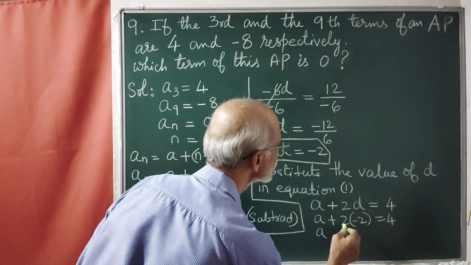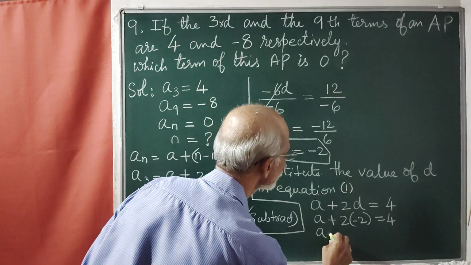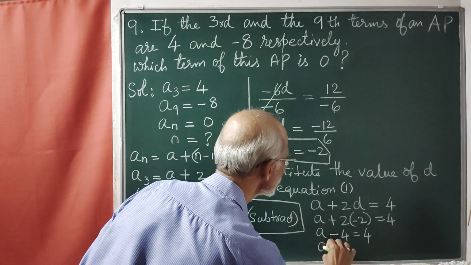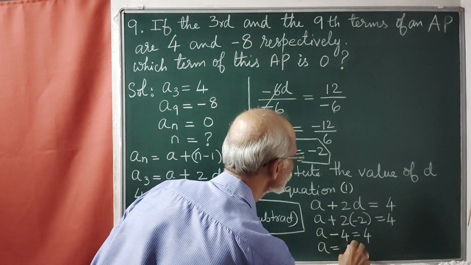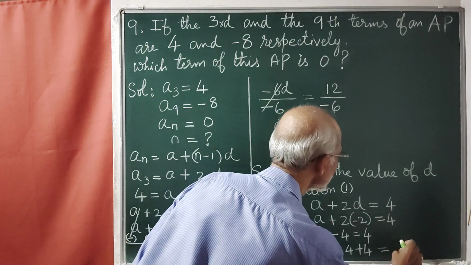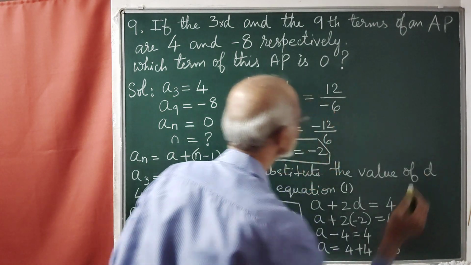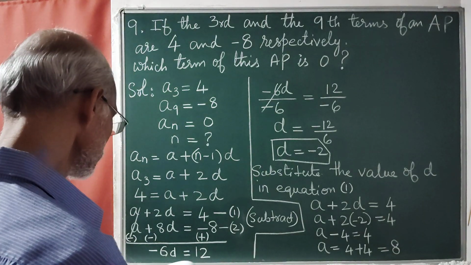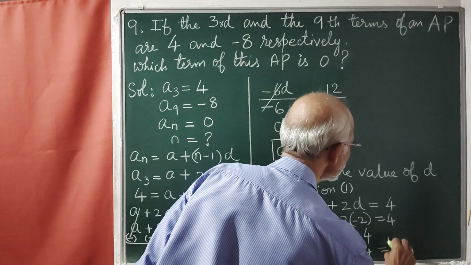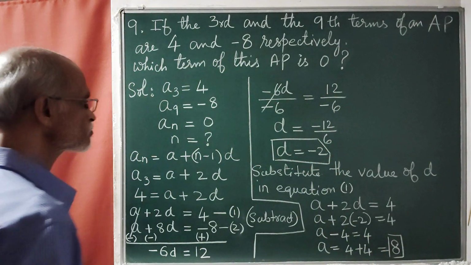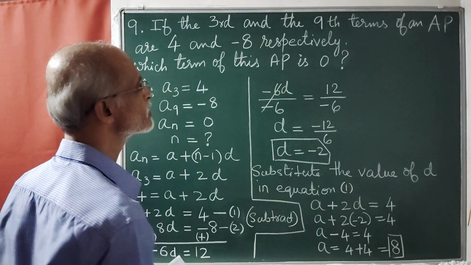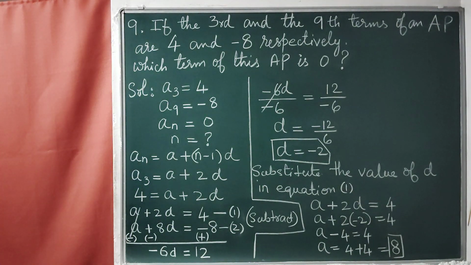So A plus 2 into minus 2 is minus 4 equal to 4. So A will be equal to 4 plus 4, that's equal to 8. A will be equal to 8. So now value of A is 8. Now by using the value of D and A, we have to find 0 is which term of the AP.